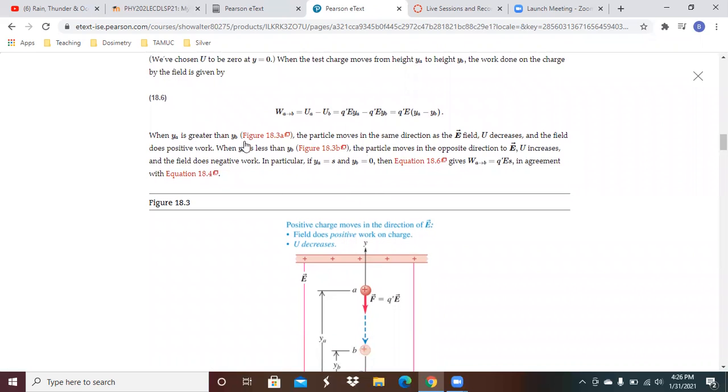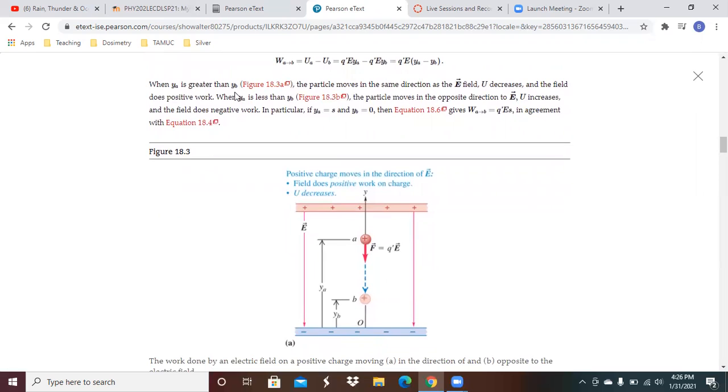So when y sub a is greater than y sub b, then the particle moves in the same direction as the electric field. U decreases, and the field does positive work. That makes sense. When y sub a is less than y sub b, the particle moves in the opposite direction, moving back that way. U increases and the field does negative work.